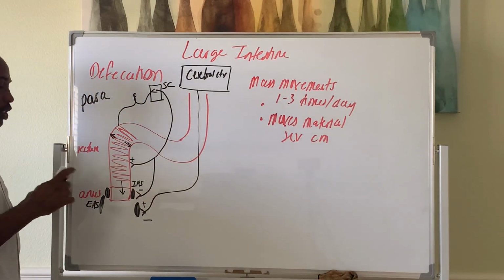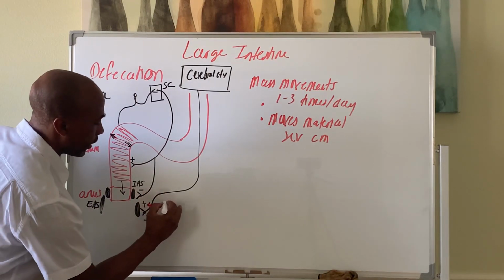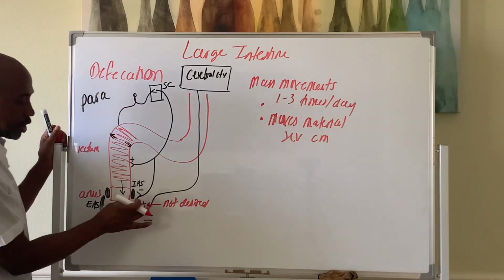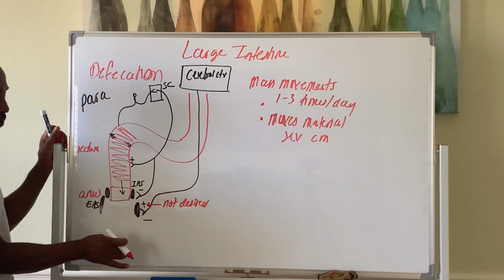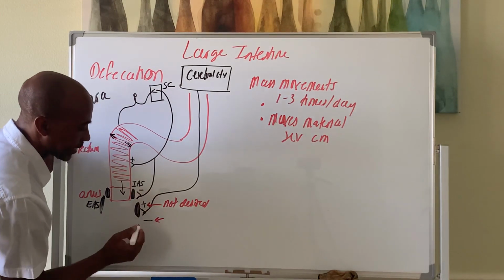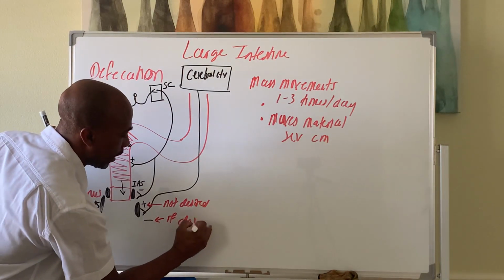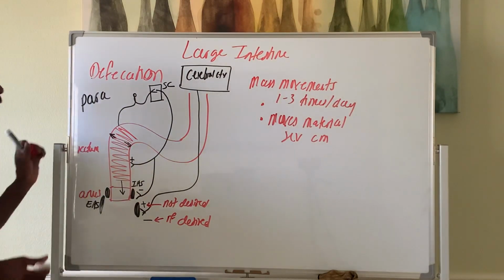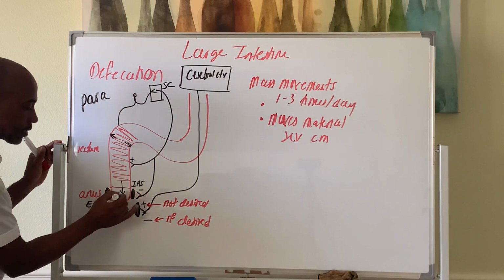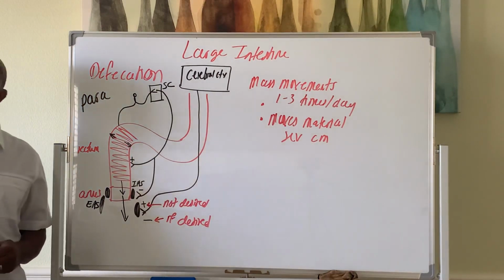So depending on what is going on, if not desired to defecate at the moment, you squeeze it some more so they can't pass it through. And if you want to defecate, then you just relax it. Stop sending a signal there. So if desired, that's how you control it. Okay, and in order to defecate, both muscles must relax to pass it through the anus and out of the body. Okay, we'll stop there.